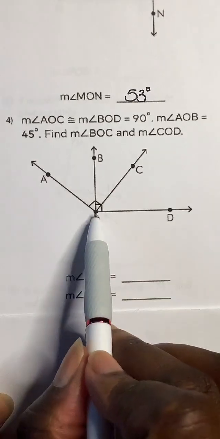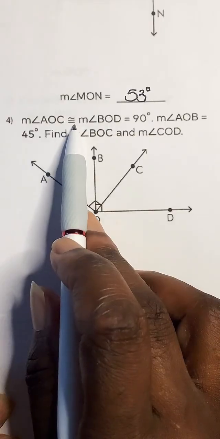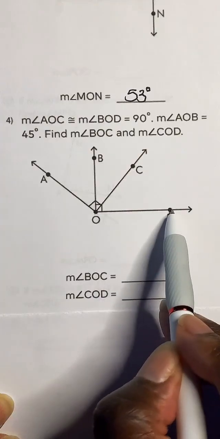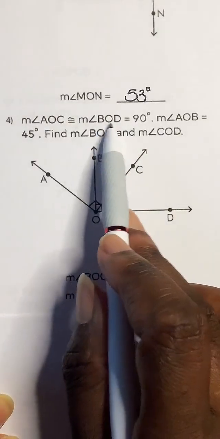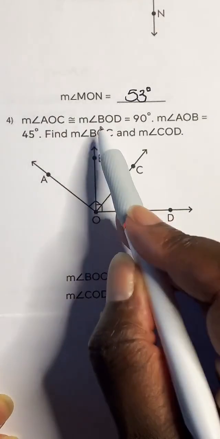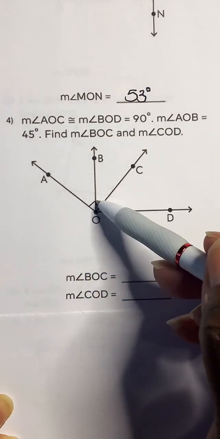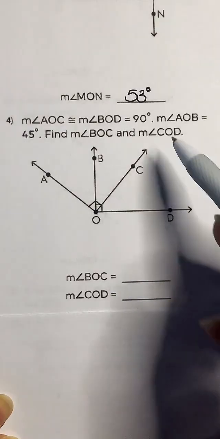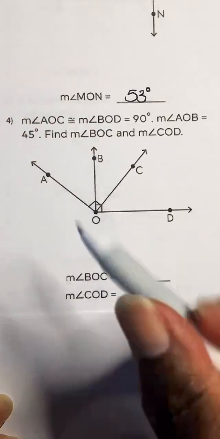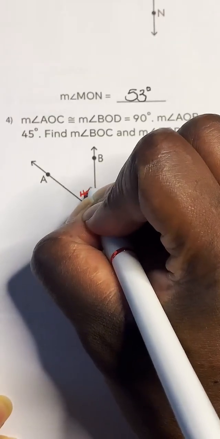So here's A, here's O, here's C. They're saying the measure of AOC is congruent to the measure of BOD. And BOD is 90 degrees. So if the measure of BOD is 90 degrees, that means AOC is also going to be 90 degrees. The measure of AOB equals 45 degrees. So this angle right here, that's 45 degrees.